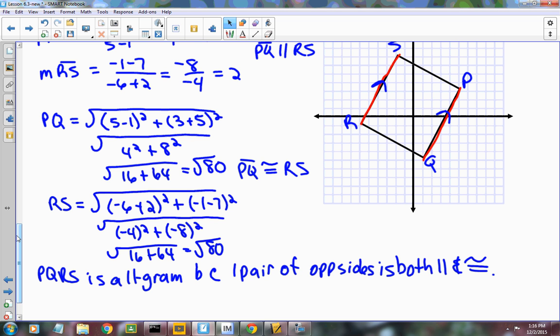Opposite angles congruent. Diagonals have to bisect each other, which means they intersect at the midpoint, which means you might have to use the midpoint formula. And the last one, one pair of sides parallel and congruent, which means you have to use distance and slope.